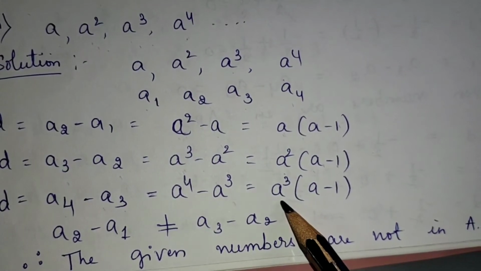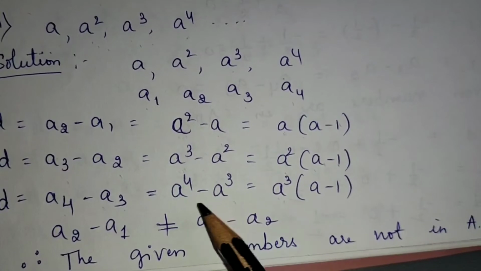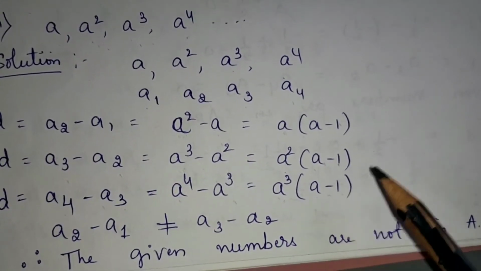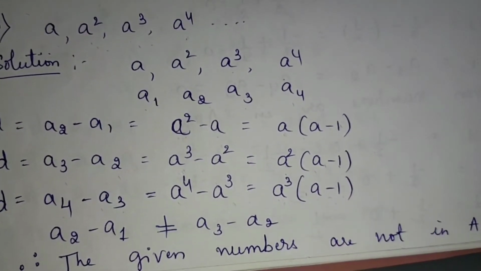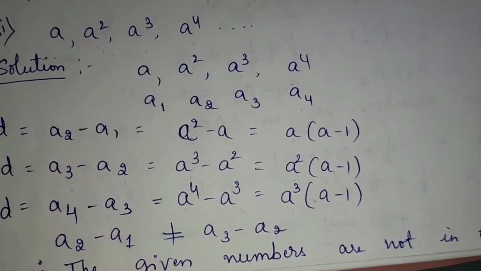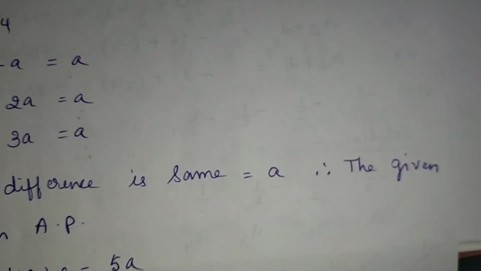Here you can take a cube as a common factor. Then you are left with a minus 1. If you observe, the difference is not same, hence the given pattern is not in AP and therefore you need not find the remaining 3 terms of AP.